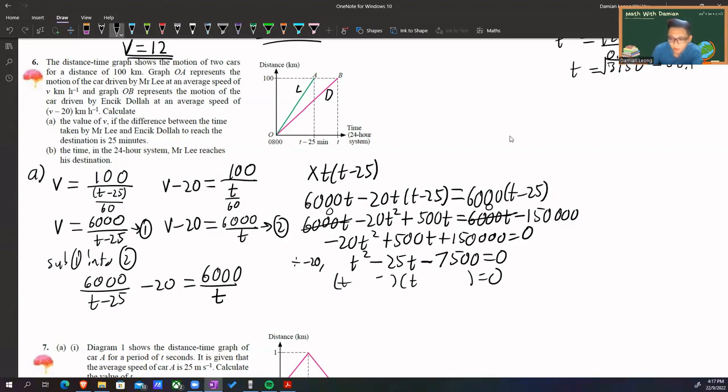It's basically 75 times 100. So minus 100 plus 75, so that I get minus 25. So if T plus 75 is 0, T is negative 75, which is not possible. Time will never be negative, so time must be 100. T must be 100.